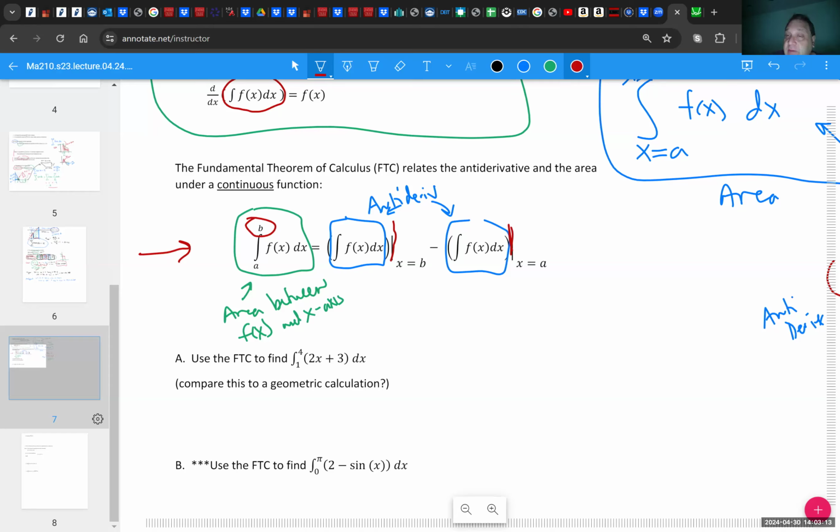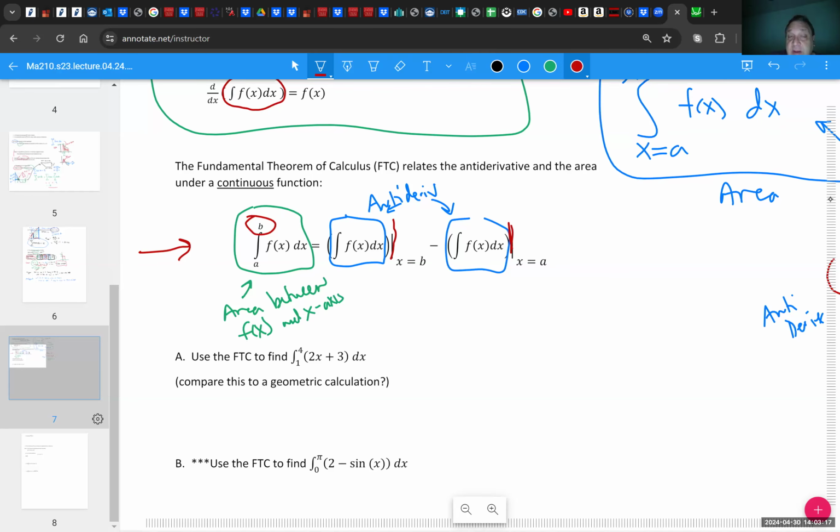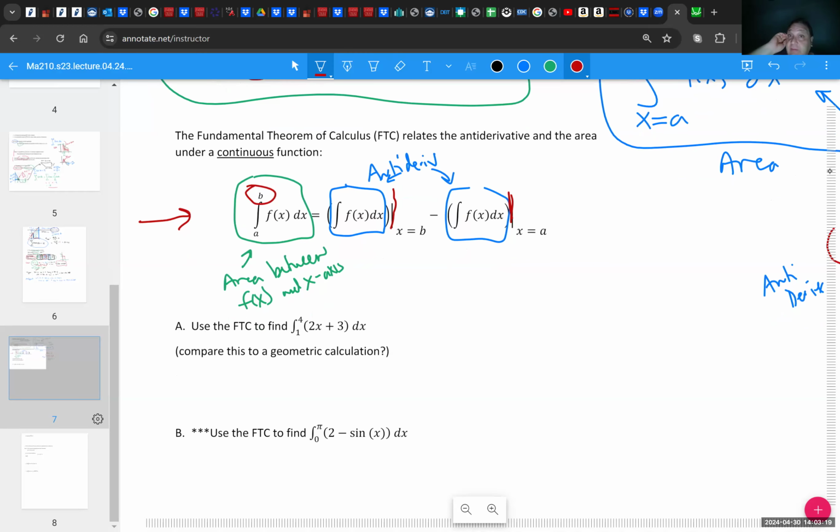Let me show you how that works. Let me show you a couple of examples of using this theorem to find an integral, and in fact the exact area. All right, so my first example right here is example A, and it says use the FTC, fundamental theorem of calculus, to find this integral from 1 to 4 of 2x plus 3 dx.